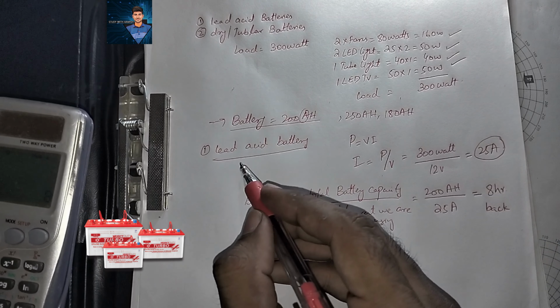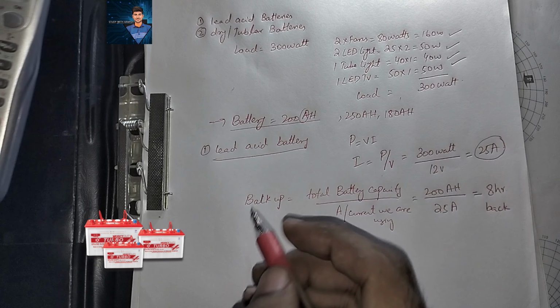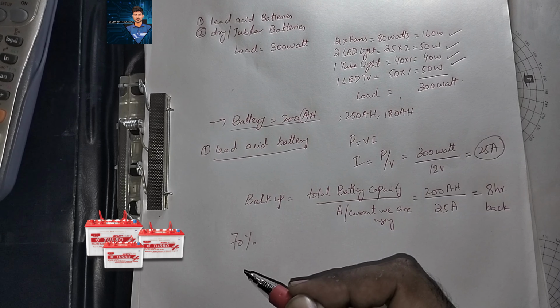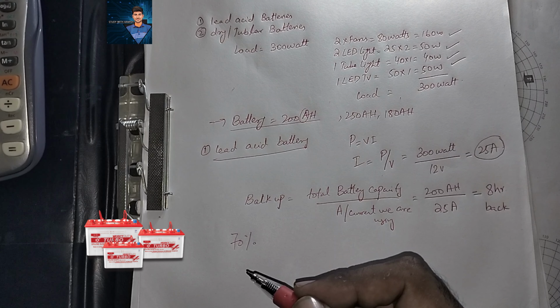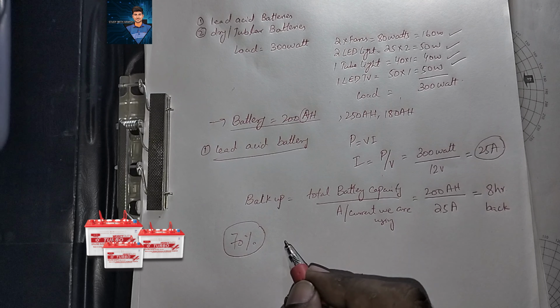But as you know, you are using a lead acid battery, and a lead acid battery has an efficiency of 70%, because it doesn't discharge and charge a full cycle, so it uses 70% of its capacity.